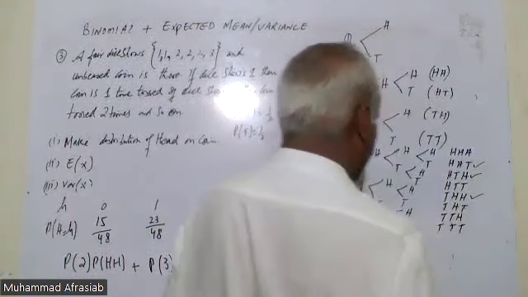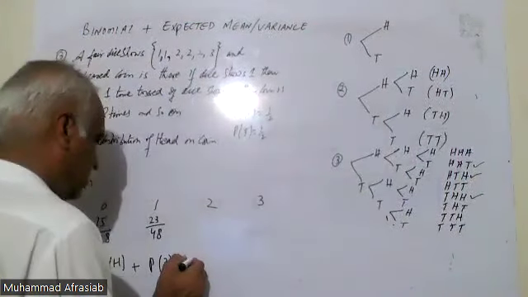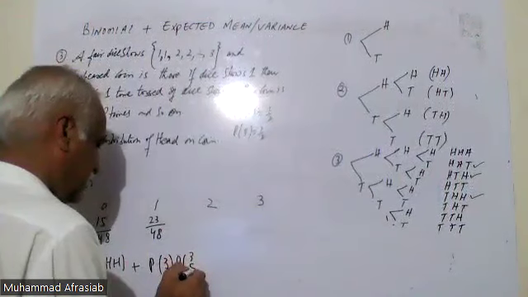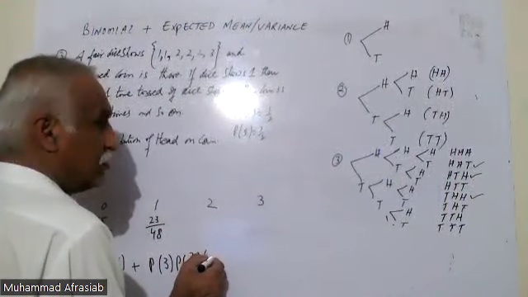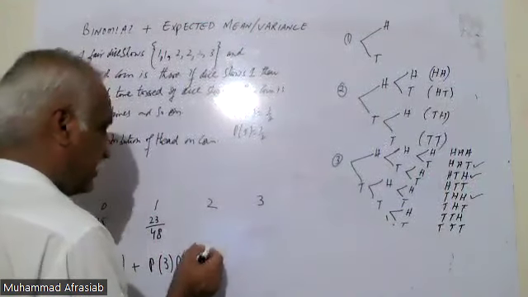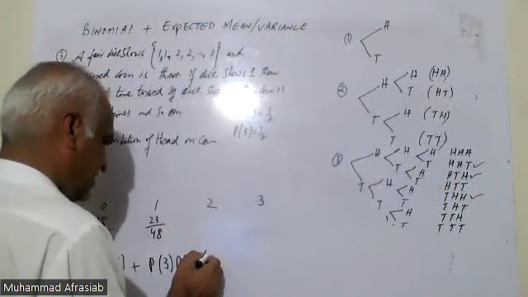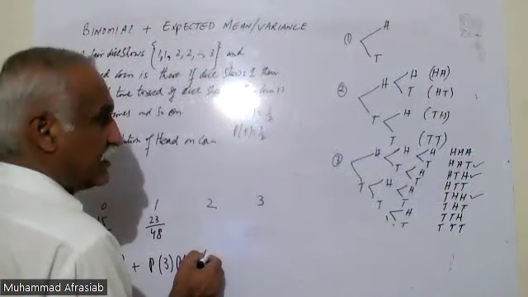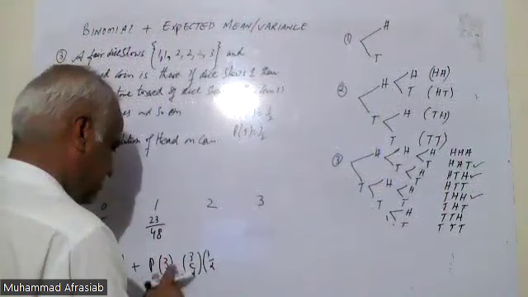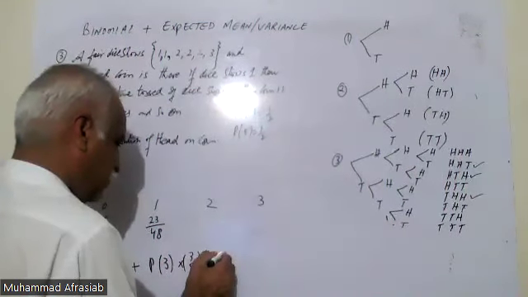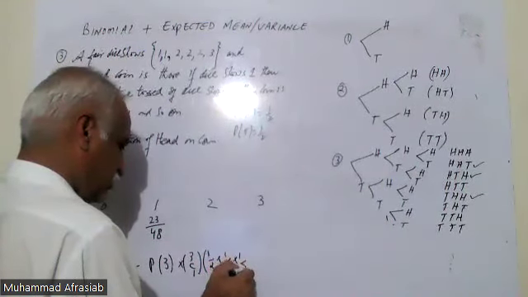So these are the three options. It should be equal to 3C1 into 1 by 2 into 1 by 2 into 1 by 2.